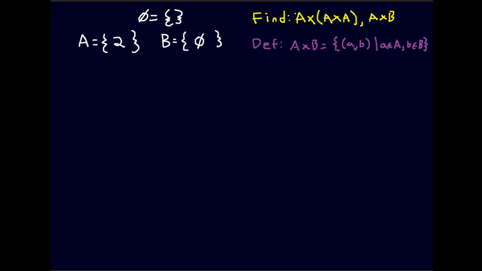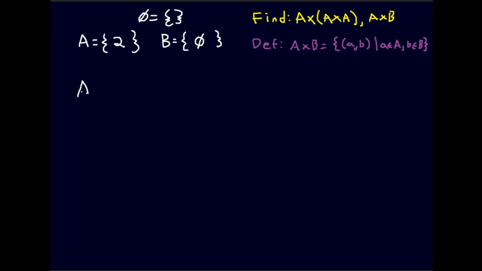We are being asked to find the Cartesian product of A times A and A. So what we can do is have B be a set itself. When I say B here, I'm talking about the Cartesian product of A and B in this definition. So this B doesn't need to just be a number or a letter. It can actually be a set itself.